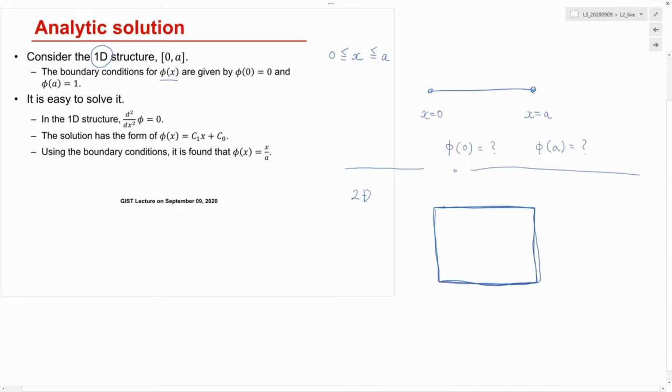You can specify a value here, here, here, here, here. At every discretized point on the surface, you can specify the value. That can be a case.